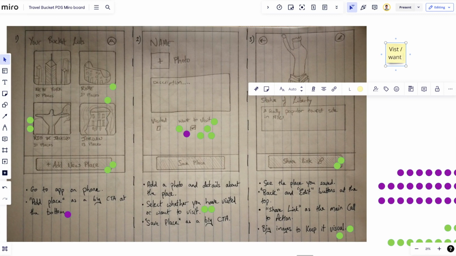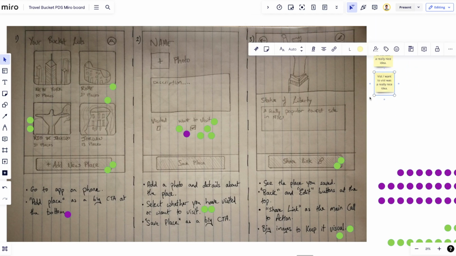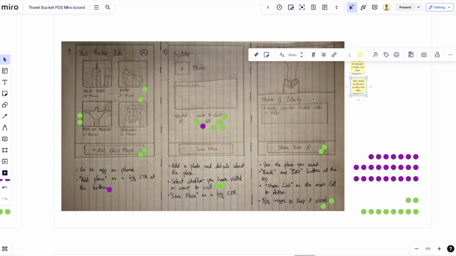So visit / want to visit. It's a really nice idea. Let's just say something like that. So that we know exactly what was discussed here. They can be fairly rough, but you can put a couple of stickies beside the sketches, just so that we know what was discussed and what stood out for people.